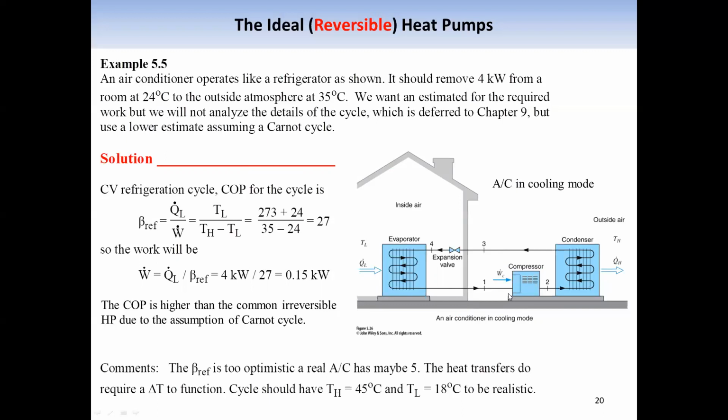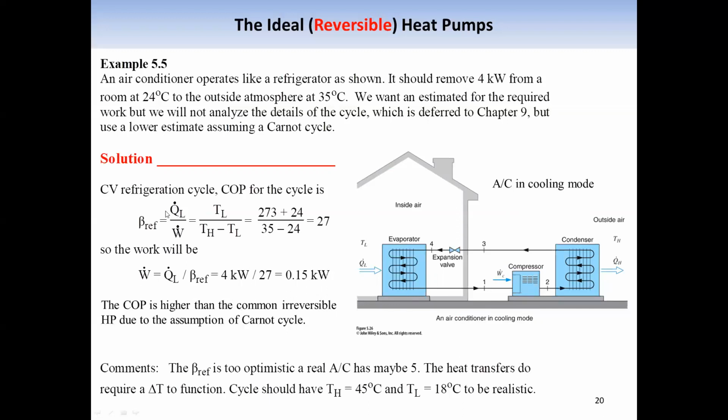To analyze this problem, we use the definition of COP. The efficiency of this air conditioner is defined as the Q absorbed at a low temperature divided by the work performed by the compressor.